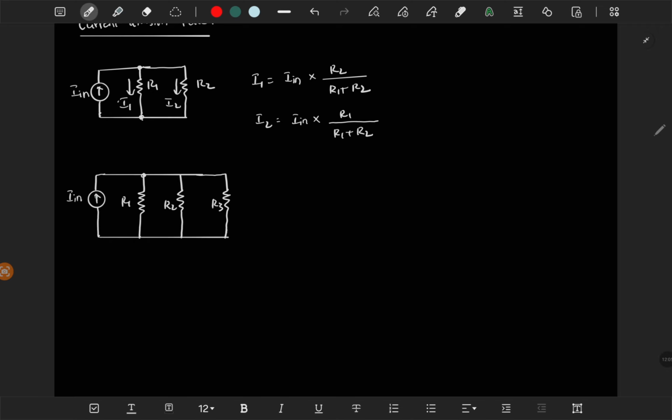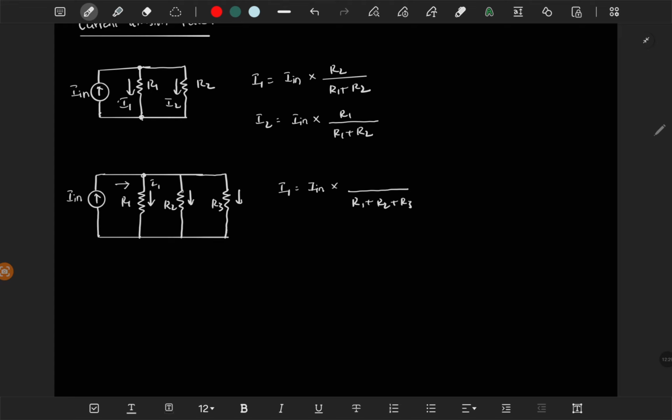So if some current is entering this node, let's say these are I1, I2, I3. If you want to write I1, then it is the total current times the opposite resistance by total resistance. Total resistance is R1 plus R2 plus R3.